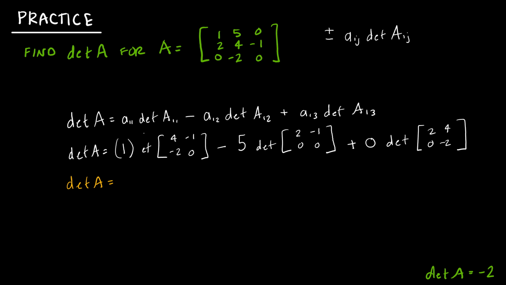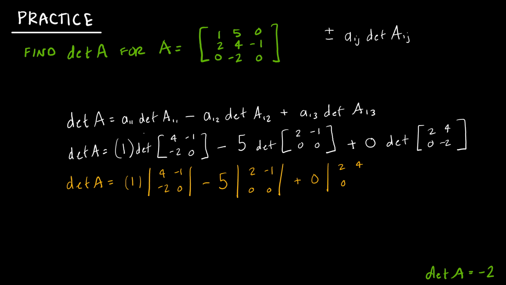Instead of using those square brackets that we use to show that it's a matrix, I can write 1 times, and then I'm going to use these straight brackets, and the straight brackets tell me that I'm finding the determinant. That's what you're going to see more often, as opposed to writing out determinant and then writing the new matrix.